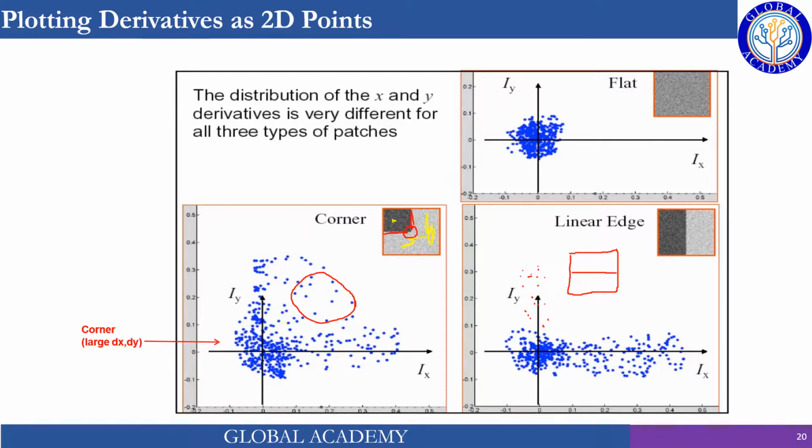We got a lot of dots where ix and iy are smaller values close to the origin. So we can make an idea based on both ix and iy at some certain value whether this point is an edge or not.